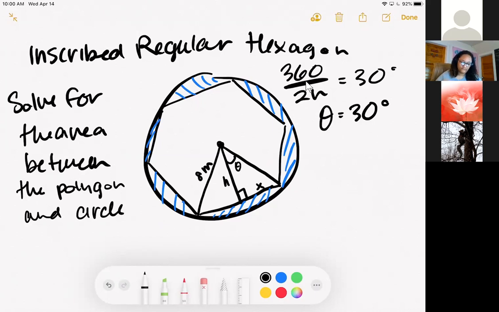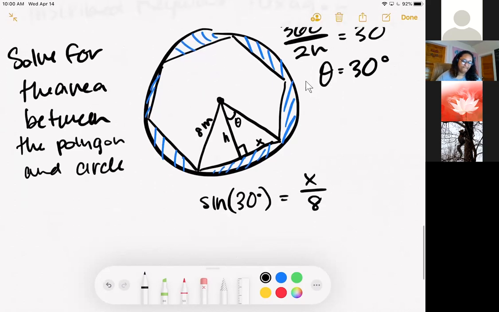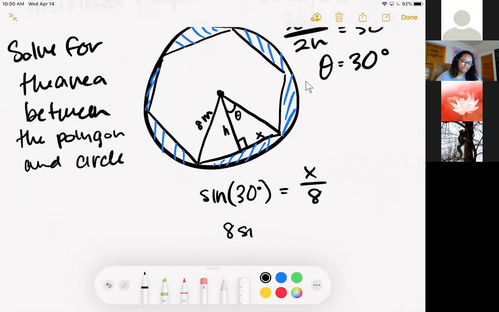To find x, sine of 30 equals x over 8, which is also 8 sine of 30 equals x. And that is 4 exactly.